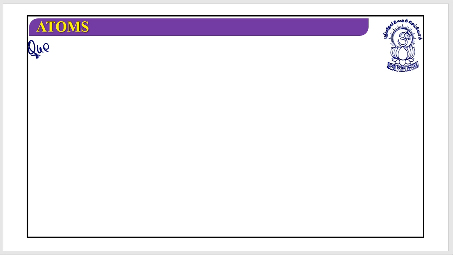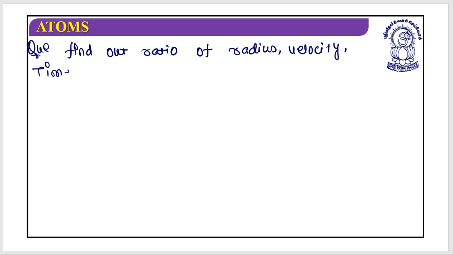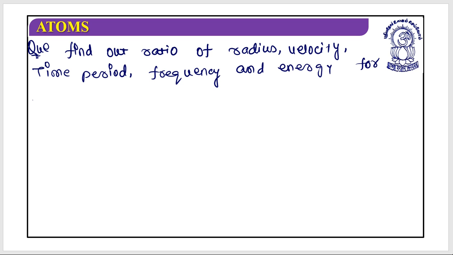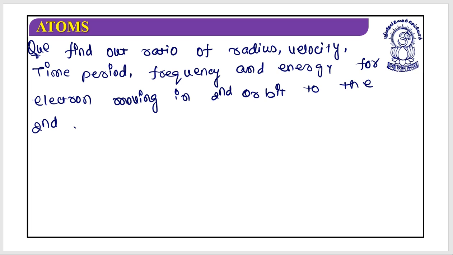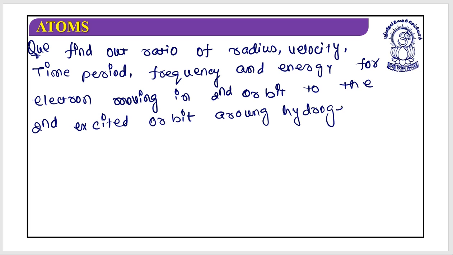The question says: find out the ratio of radius, velocity, time period, frequency, and energy for an electron moving in the second orbit to the second excited orbit around a hydrogen atom.